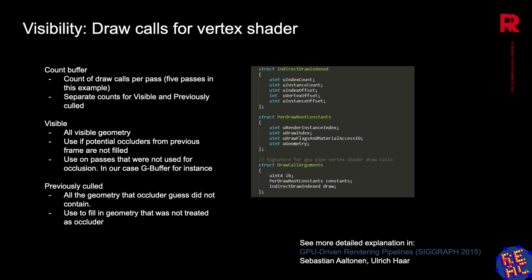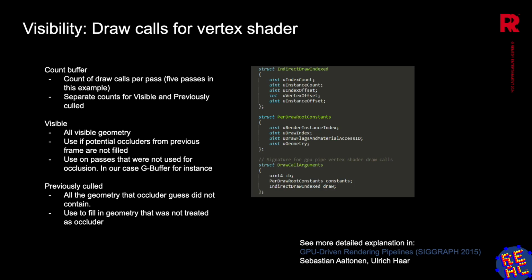For the vertex shader based drawing, we need 3 buffers. Count buffer is the simplest one and will just contain amount of draws in each bucket. Visible buffer contains draw calls for all the clusters that are visible, and it's used on passes that need to be filled from scratch.